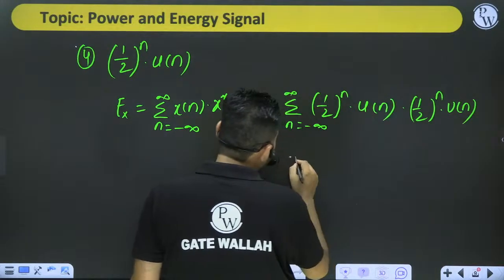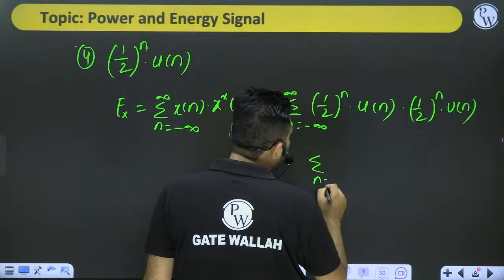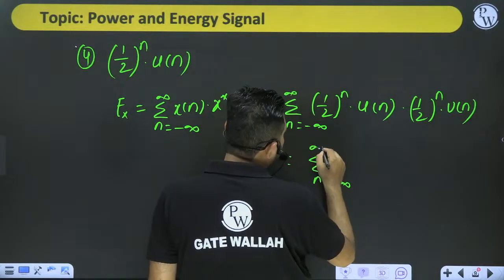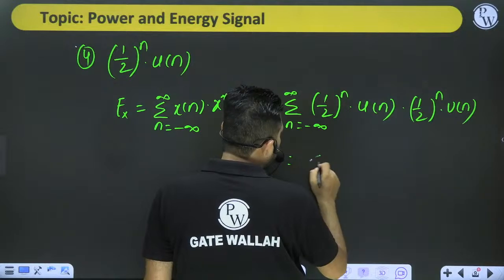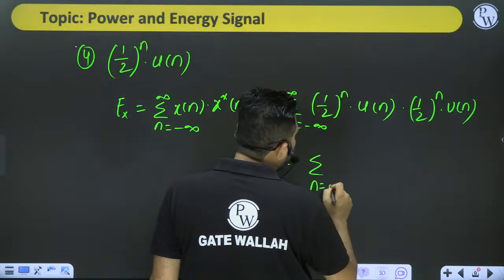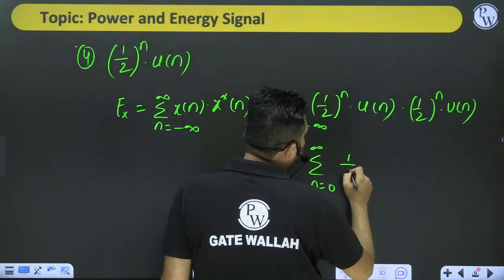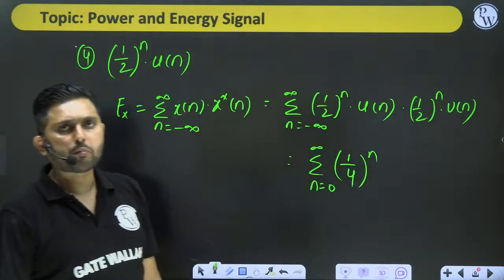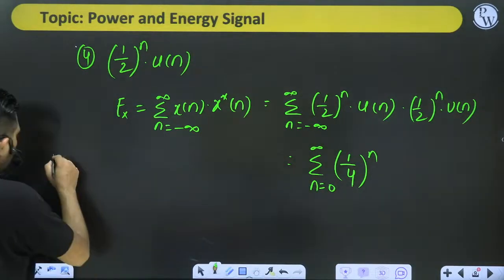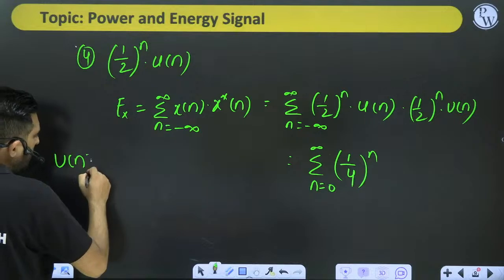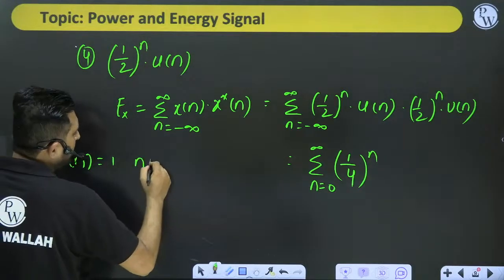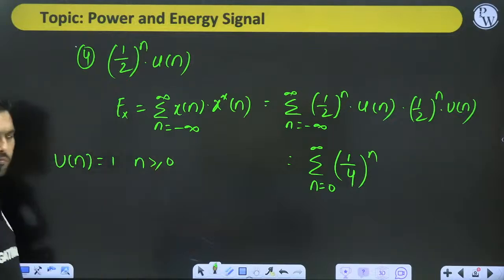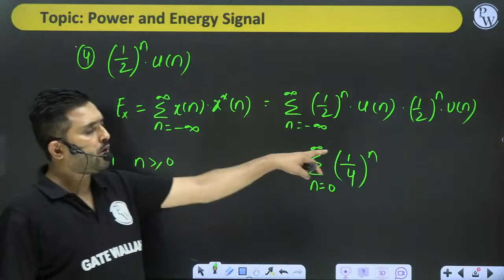This will give me the summation n is equal to 0 to infinity 1 by 4 to the power n, because it is 1 by 2 to the power 2n un. What's the un? Un is 1 for n greater than or equal to 0. So from 0 to infinity, you have this one.